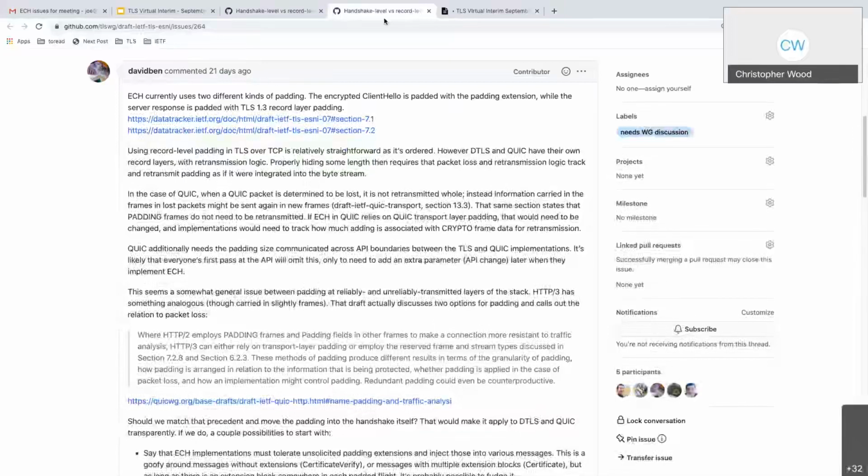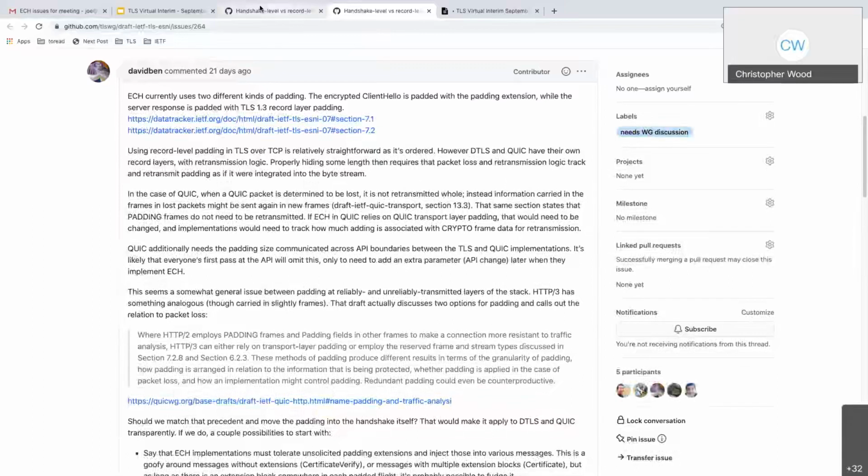There's also a potential to do it with extensions on certain messages in the handshake, like you could make an exception for padding being added to the certificate message or to EE or whatever. There are some comments in here that suggest that going down the extension route is perhaps not the best path, particularly if you consider what happens with certificate compression.